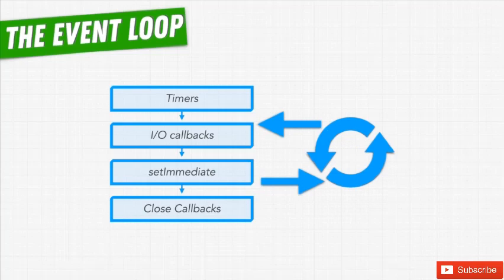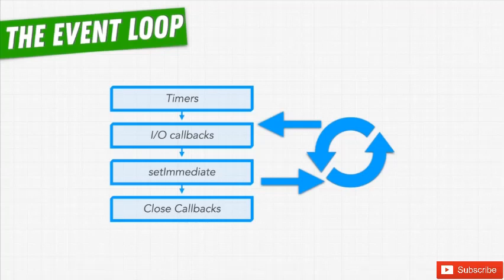Now, there are a couple of other phases in the event loop, like the idle and prepare phase, but that's only used internally by Node. Our JavaScript can't do any operations there, so these phases aren't really important to us.